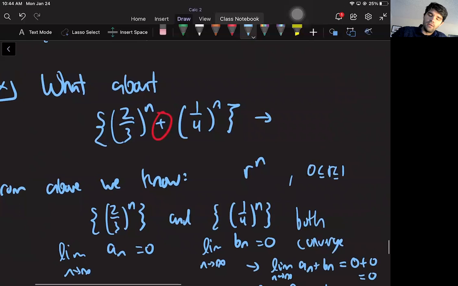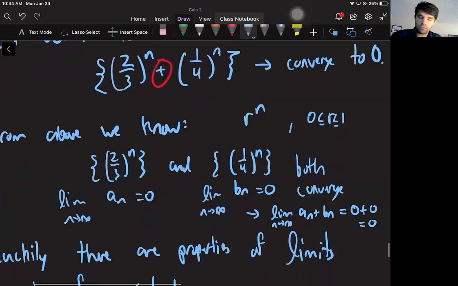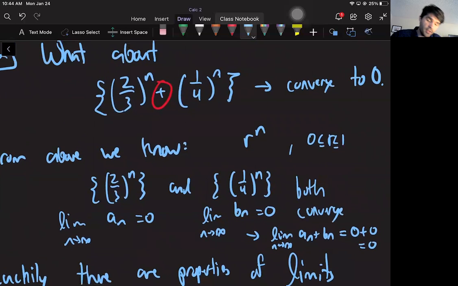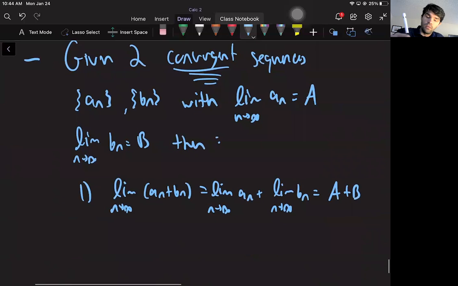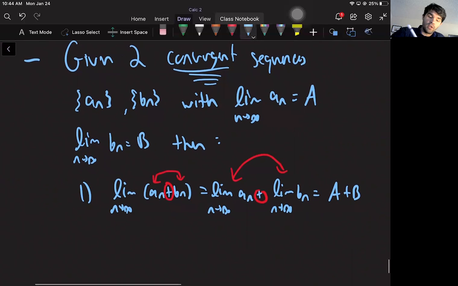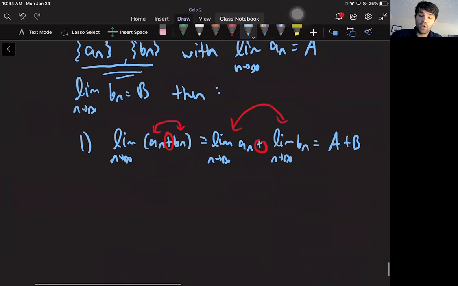So this guy does converge to 0. The other way to think about this property is that you can separate limits through addition. You can either add the limits separately or together, but they have to individually converge in the first place, or else this doesn't work. If one of them did not converge and the other one did, then you can't do this. This would not help you.